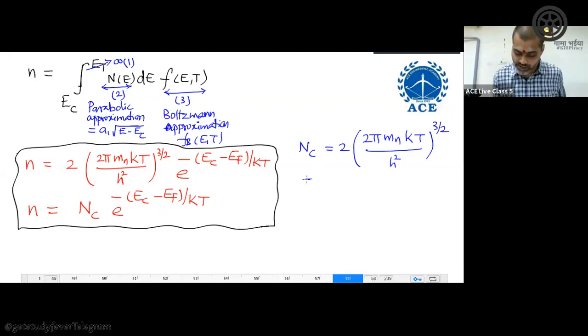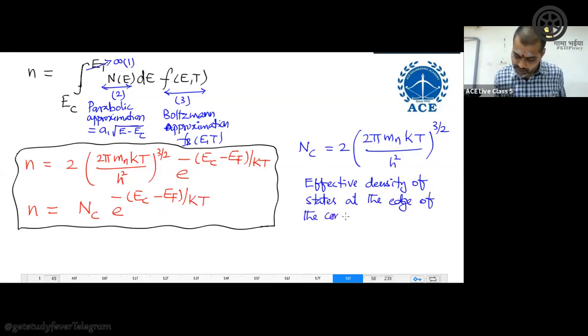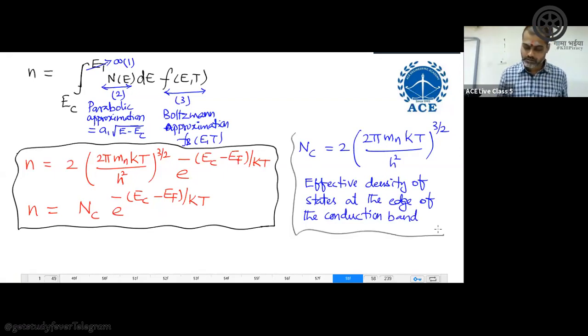This is called the effective density of states at the edge of the conduction band. This is very important, at the edge of the conduction band. Hope I am clear.